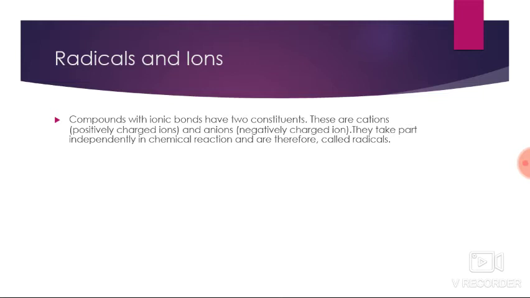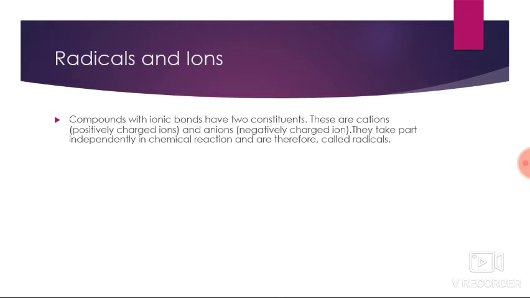So one positive and one negative attract, as opposite signs attract, and they form a compound, that is NaCl, sodium chloride, the common salt in our house. NaCl is formed because of an ionic bond between them. So these are cations, positively charged ions, and anions, negatively charged ions.